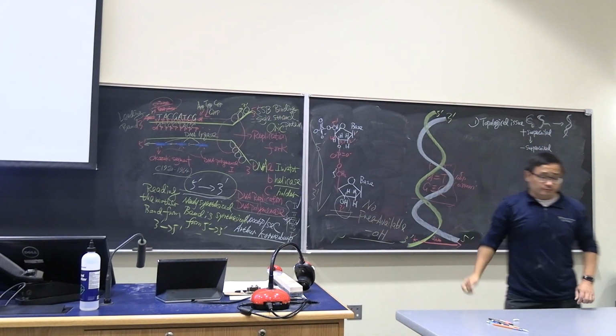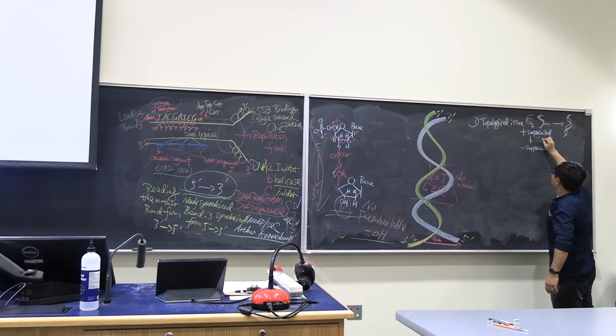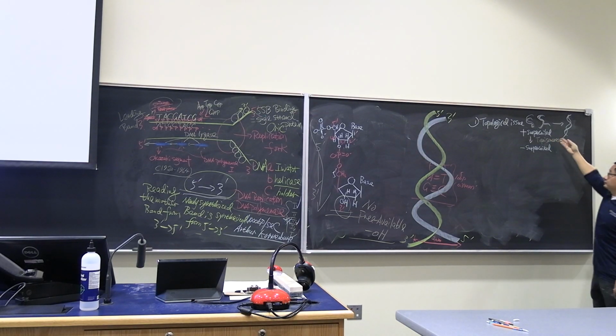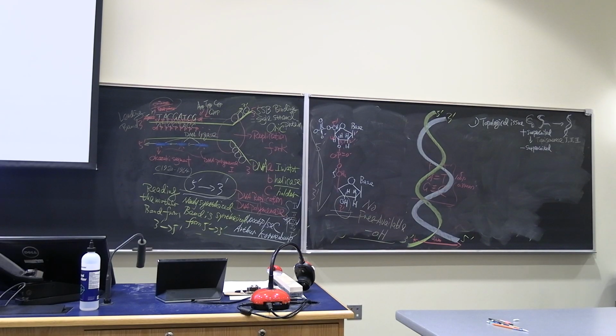But very lucky, the bacteria have the enzyme for that, which is called topoisomerase. It can relieve the positive supercoil to become negative supercoil. Now, topoisomerase also comes as types 1, 2, 3, based on the different molecular structure and weight.